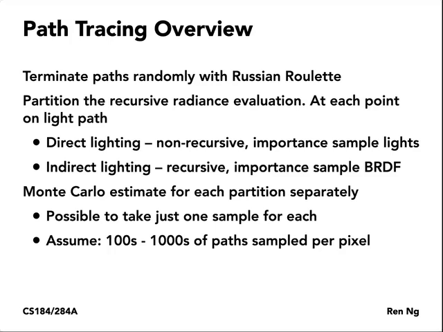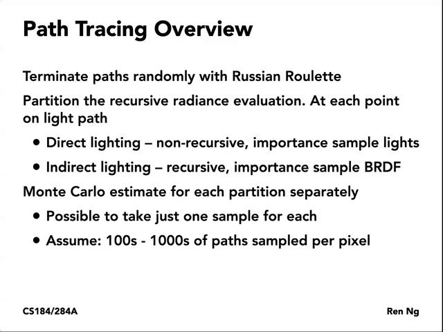When we do this, we're going to use Monte Carlo estimates for each of the partitions separately. It's possible to take just one sample for each of those two partitions and just have a ray path that gets longer and longer recursively. But you could also choose two recursive ray paths, two random directions in your Monte Carlo estimate, and you end up with more like a tree expansion.